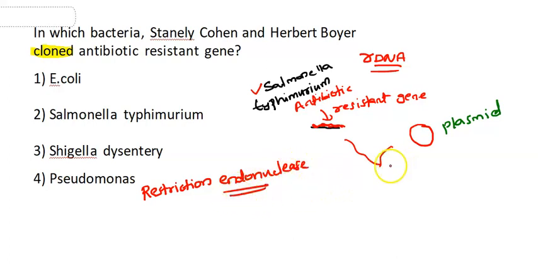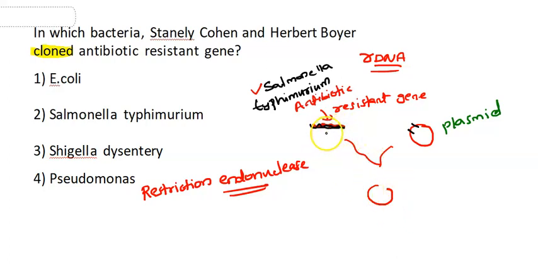Using the same restriction endonuclease enzyme, we will cut the plasmid. A plasmid will be like this, and there will be a small gap. To this small gap, we will combine the antibiotic resistant gene, let's represent it in black color.